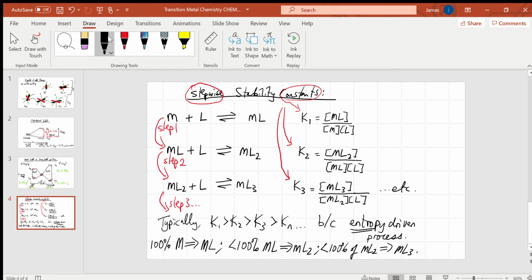But the fraction that's ML2 itself is less than 100%. So we have this cascade process where we have a reduced supply. So we have a diminished and increasingly diminished K value. Okay, so keep that in mind, these stepwise stability constants.